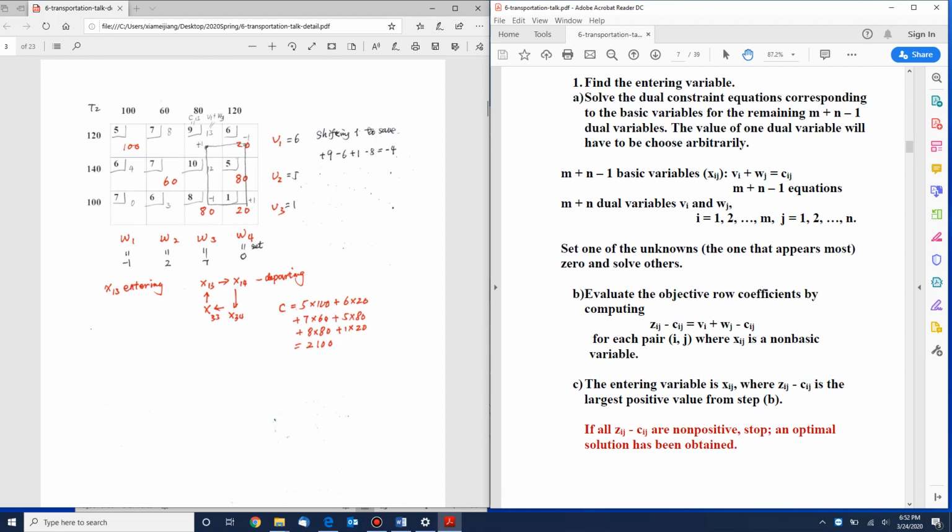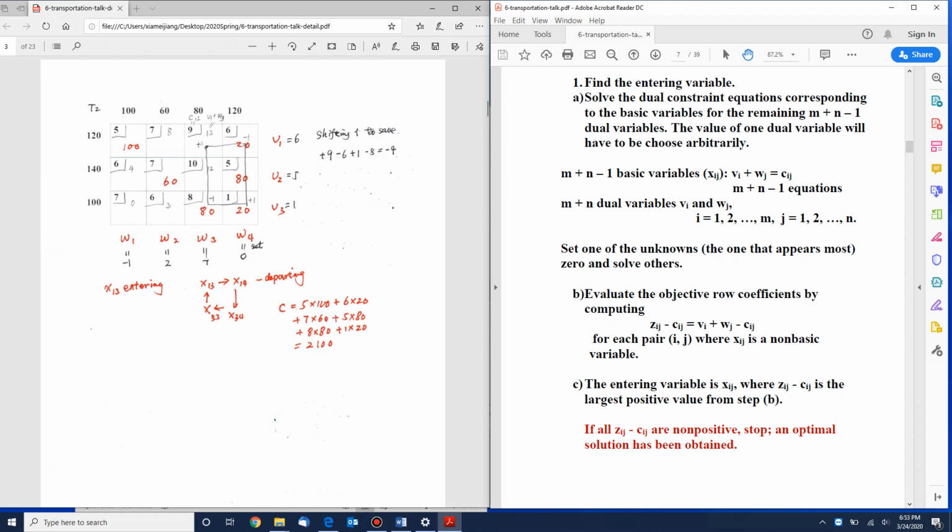We know that for each basic variable xij, vi plus wj equals cij, right? You could see that for basic variable x11, c11 equals 5. Then we have the equation v1 plus w1, the v1 at the far right and the w1 at the bottom of the column, should equal c11, right? And the same for the rest.